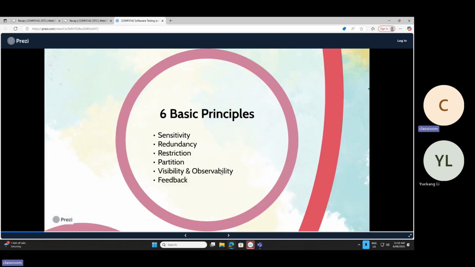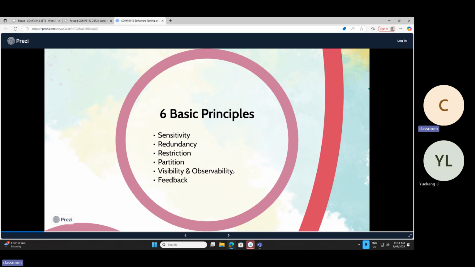We also learned 6 basic principles for doing testing. And all these principles, we can somehow see the usage of in the actual techniques we have learned. For example, for sensitivity, we want to have high sensitivity for detecting bugs, right? That's why when we design test oracles, we need to think about this problem. And for visibility and observability, we learned different coverage metrics, right?